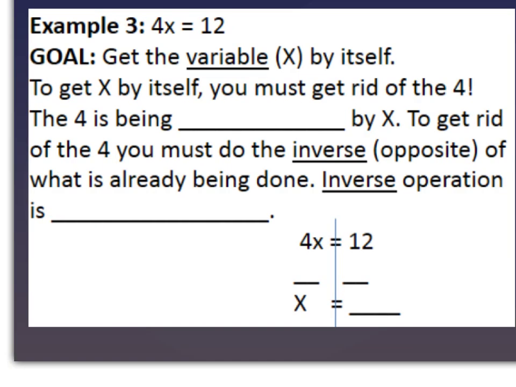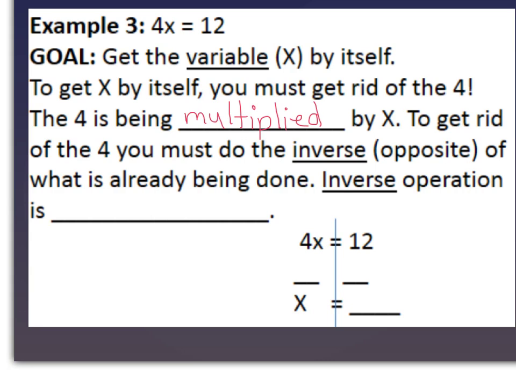Now, for example 3, we have 4x equals 12. We want to solve for x, which means that we've got to get the variable x by itself. To get x by itself, you must get rid of the 4. The 4 is being multiplied by x. Anytime you have a number that is right next to a variable, that is multiplication. To get rid of the 4, you must do the inverse or opposite of what is already being done.